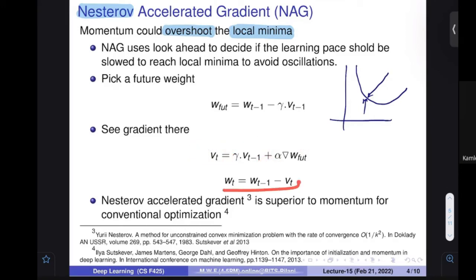This is an interesting idea called the accelerated gradient, and it is superior to the momentum-based system that we have seen just now.